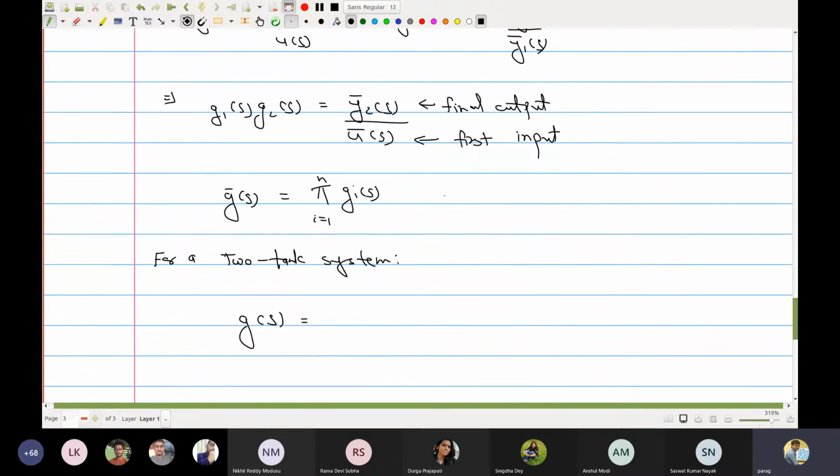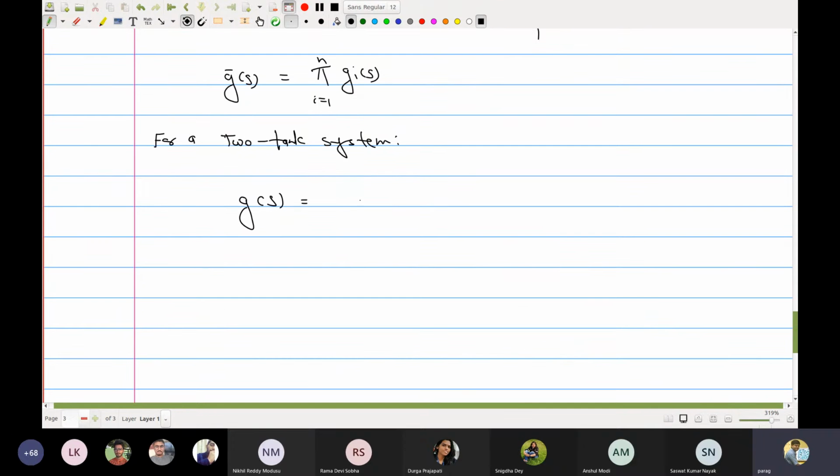So this will become K1 K2 upon (tau 1 s plus 1)(tau 2 s plus 1), right? And this is second order.